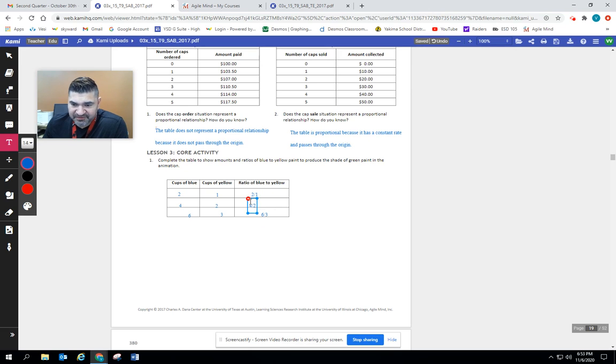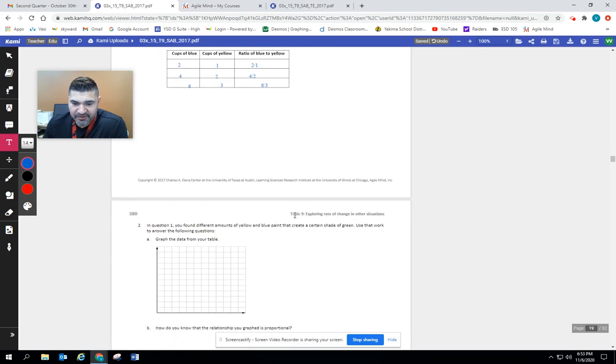Okay, now, if you notice, this says 2 divided by 1. 2 divided by 1 is 2. 4 divided by 2 is also 2. 6 divided by 3 is also 2. Okay, let's go ahead and move on.